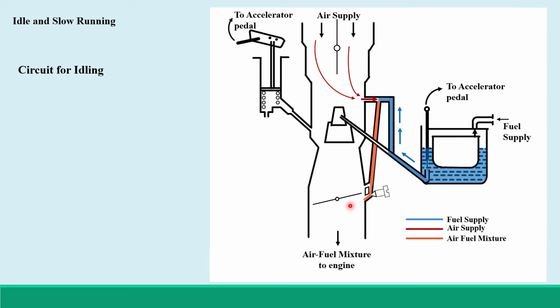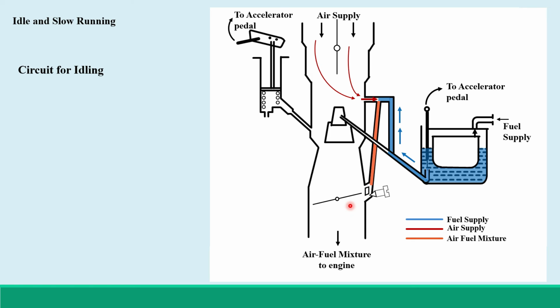So obviously, even when you are not operating the throttle and your vehicle and your carburetor is in idle condition, the air fuel mixture will be delivered to the engine, which keeps the engine running without operating the throttle.